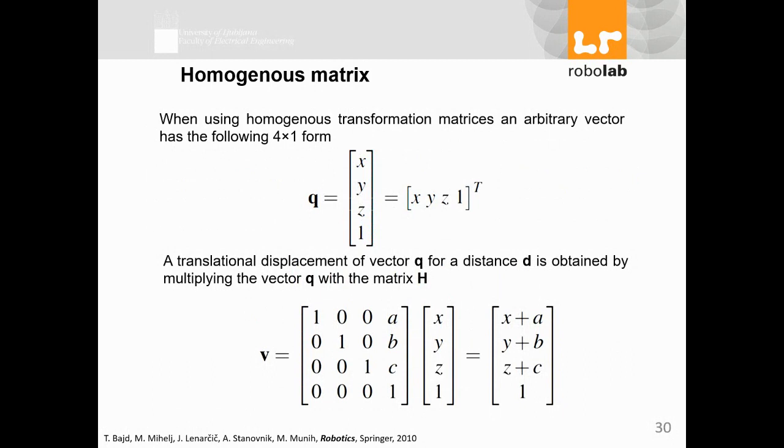A translational displacement of vector q for the distance d is obtained by multiplying the vector q with the matrix H, as we did. So when you multiply this, you will get the displacement.